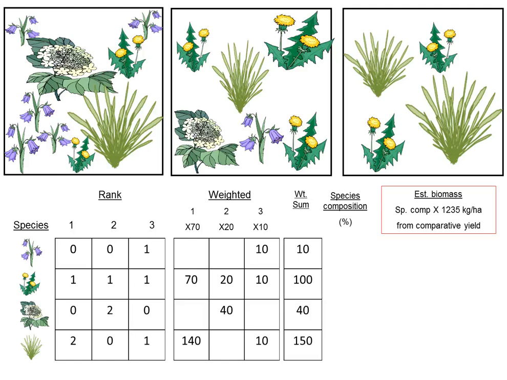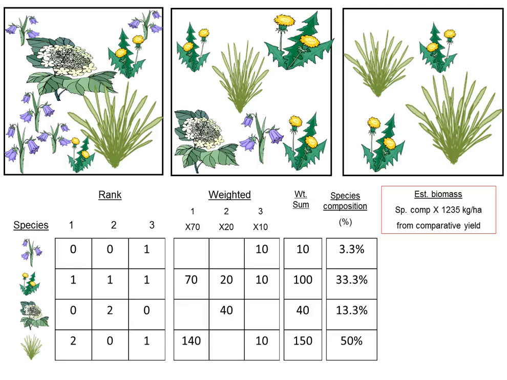We then sum these weights, so the purple flower has 10. If you add 70, 20, and 10, that equals 100, etc. We know that we've done this correctly because we have 3 quadrats that have to have 100% composition, so 100% times 3 equals 300, and if you add 10, 100, 40, and 150, that equals 300.